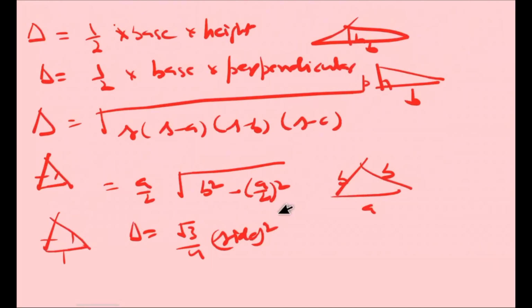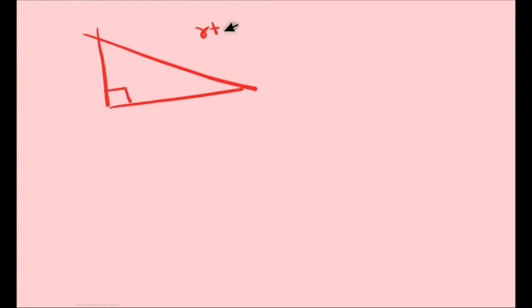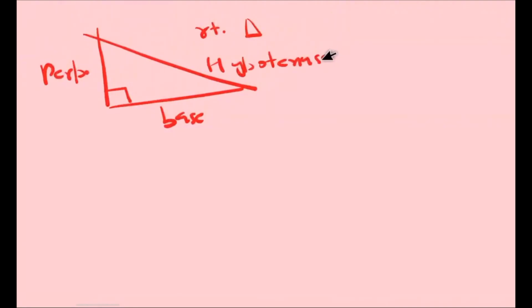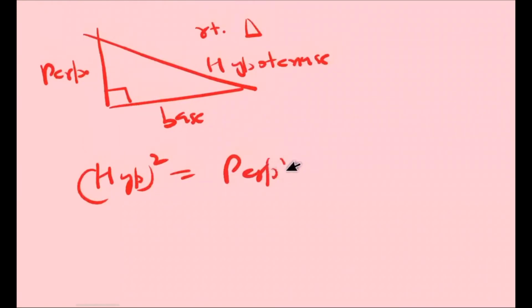Okay, so student, now for right triangle only, this one is perpendicular, this one is base and this one is hypotenuse, and the relation between them: hypotenuse square equal to perpendicular square plus base square.